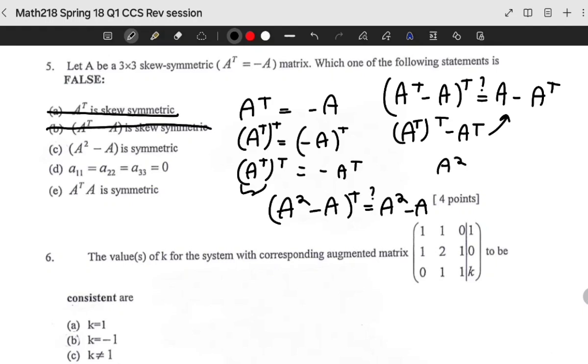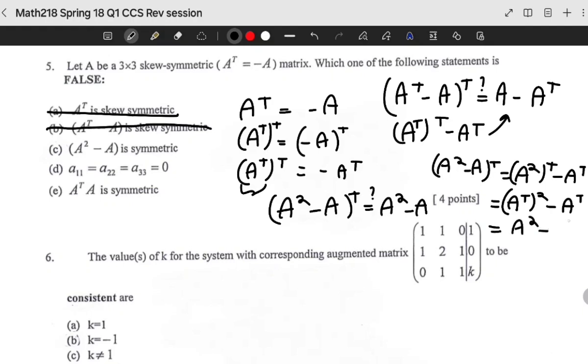A squared minus A all transpose, we can write as A squared transpose minus A transpose, which is equal to A transpose squared minus A transpose. And we know A transpose is minus A, so this is minus A squared, which is A squared plus A. So it's not equal to A squared minus A, it's equal to A squared plus A. So it seems that this is false. Let's check the other ones.